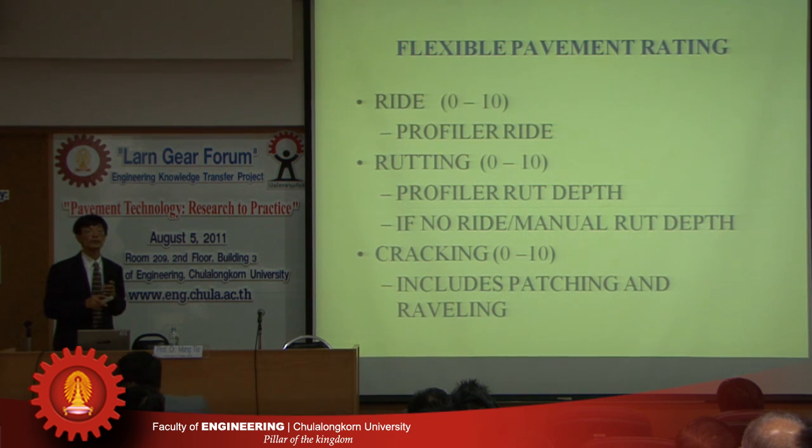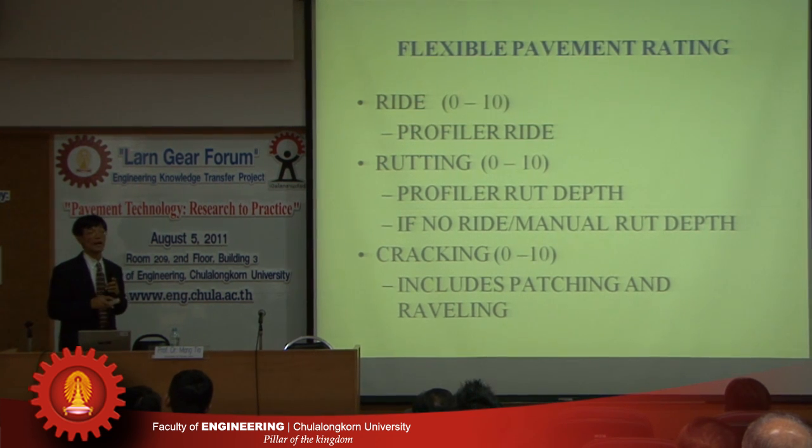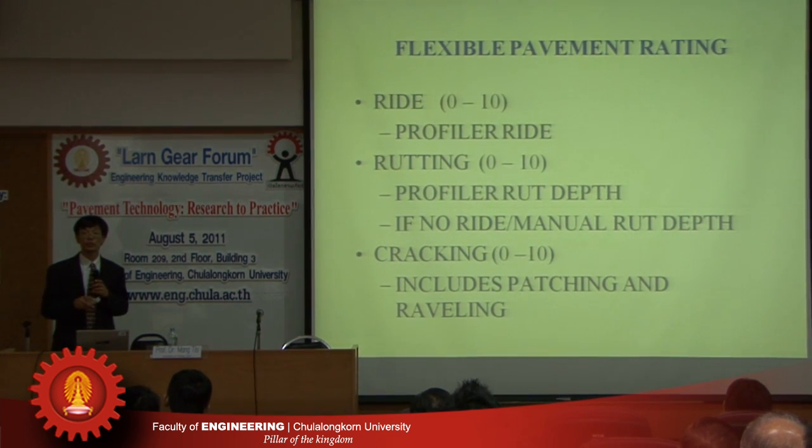Ride number is equivalent to the present serviceability index. Some of you may be familiar with present serviceability index, which has a scale from 0 to 5. But this ride quality has a scale from 0 to 10. So basically, if you take the ride number and divide by 2, you have the PSI, the present serviceability index.